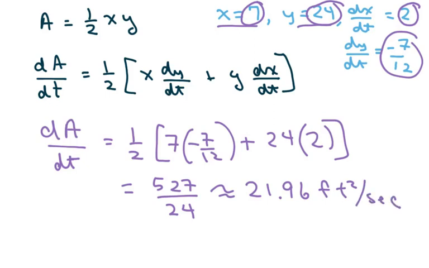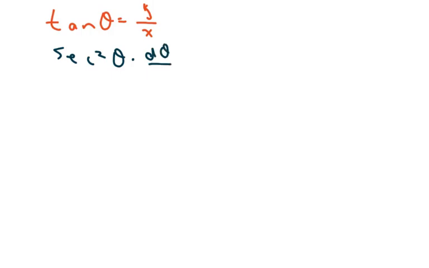And the last one we have to do is the angle. So for the angle, we're going to use tan, because we know tan of theta equals y over x. And we already have our y and our x. The first thing we have to do is take the derivative of tangent, our angle, which is secant squared times the derivative of our angle with respect to time.